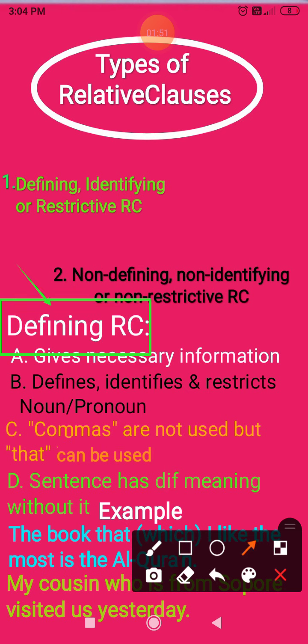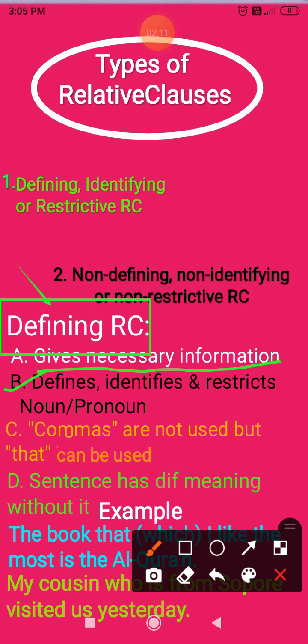Dear students, defining relative clause is that part of a sentence, that clause which gives us necessary information, the essential information. तो ये एक ऐसा क्लॉज है जिसमें हमें necessary और essential ज़रूरी information मिलती है.